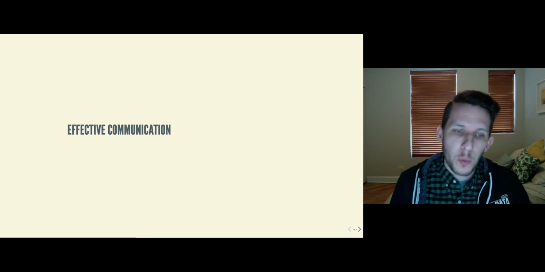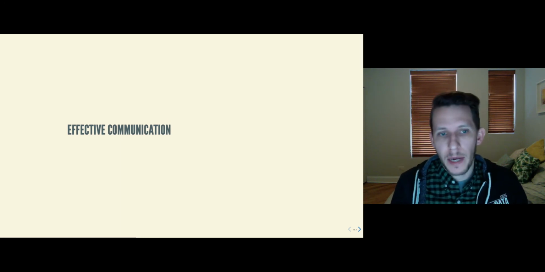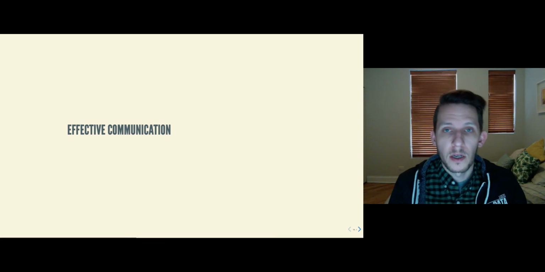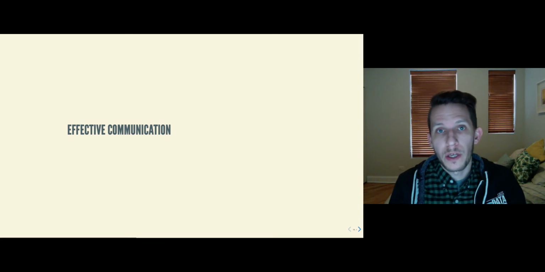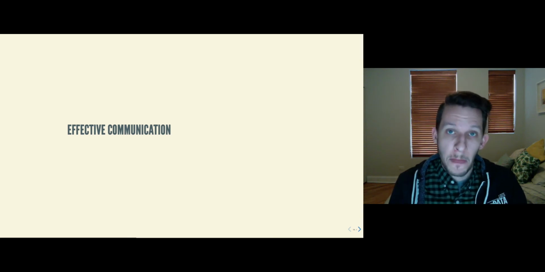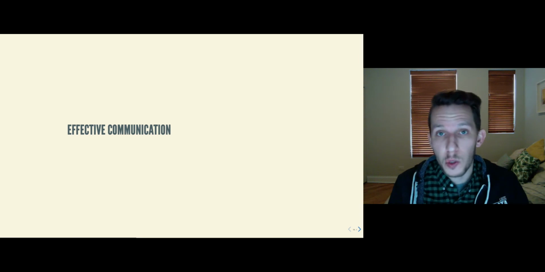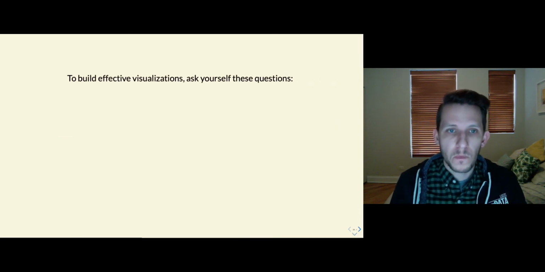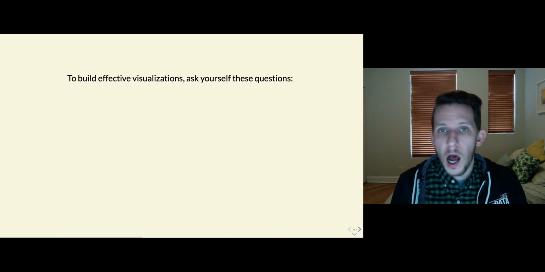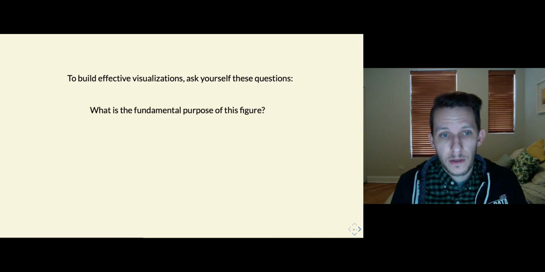Okay. So I now want to spend a bit of time talking about effective communication. And in particular, how do we build effective communication as part of constructing visualizations? So to build very effective visuals, I think that you should ask yourself the following 3 questions. Okay.